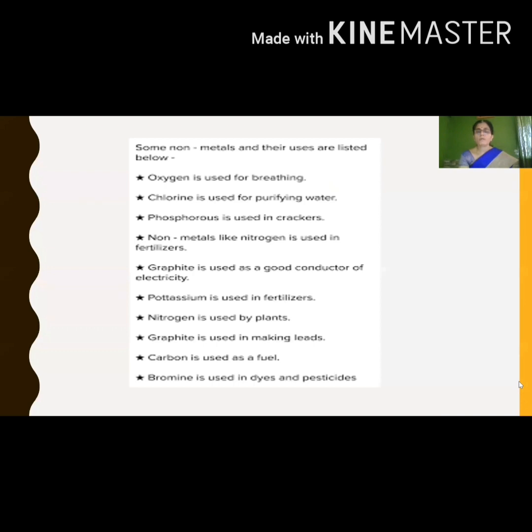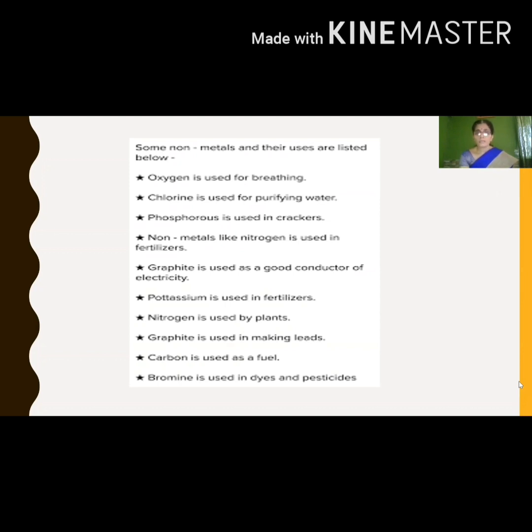Then we have learned about uses of metals and non-metals. Metals can be used in different ways in our day-to-day life, as we have already learned so many physical properties. Like, metals are lustrous, so they can be used for making ornaments, like gold and silver.